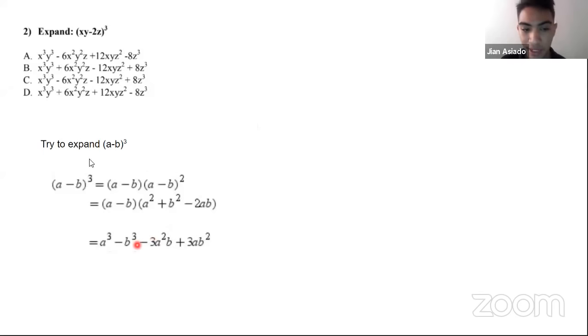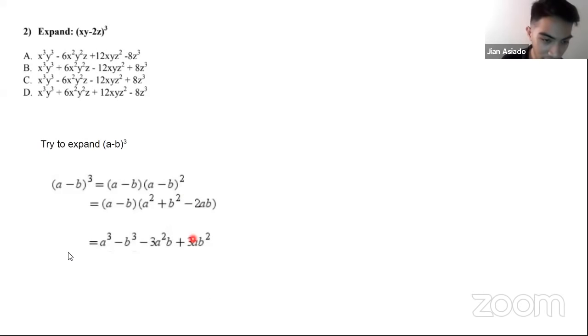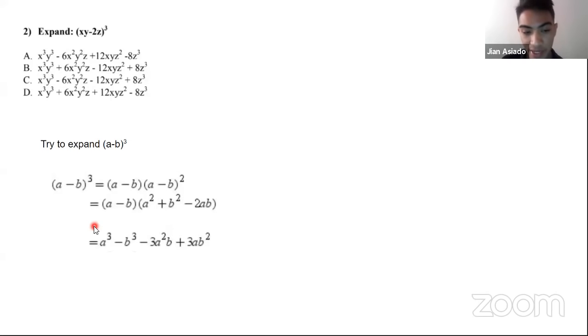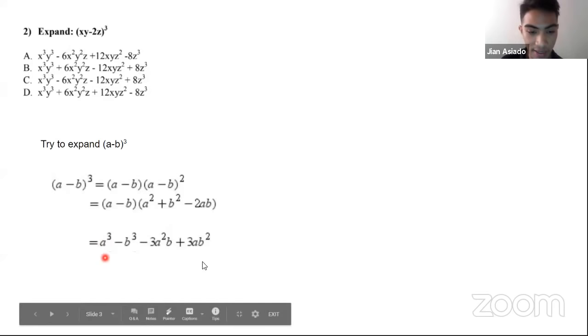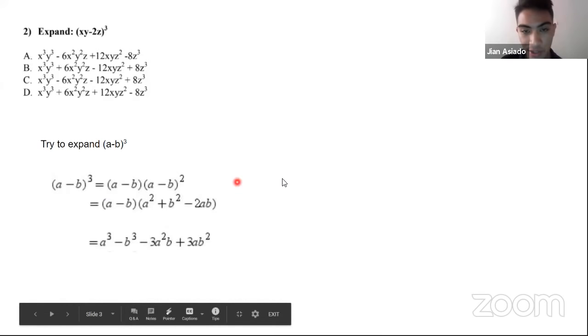Things like this have a pattern and repeat, and it would be nice if you could memorize it. Since it's always used, it's an advantage if it's in your head. So in the end, notice A raised to 3 minus B raised to 3 minus 3A squared B plus 3AB squared. This is the final form of A minus B cubed.